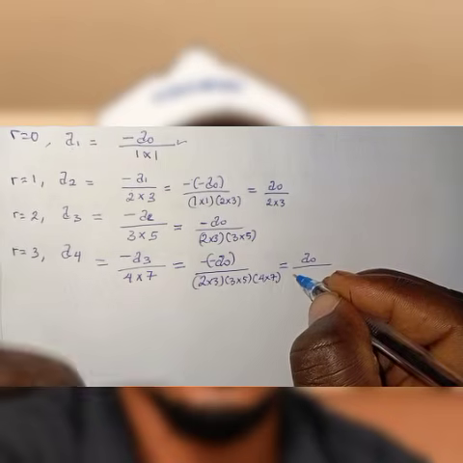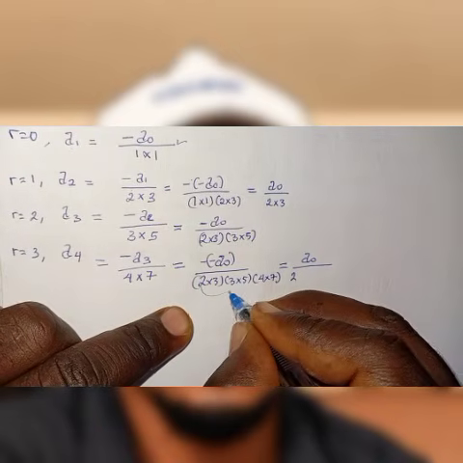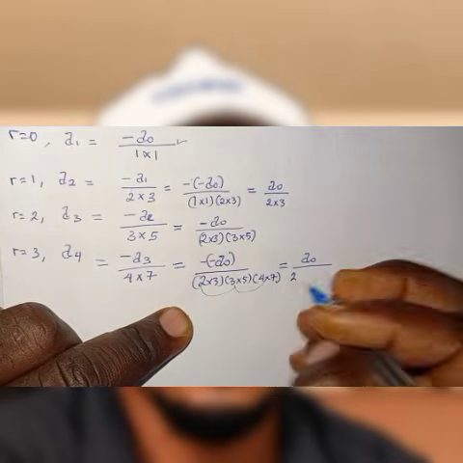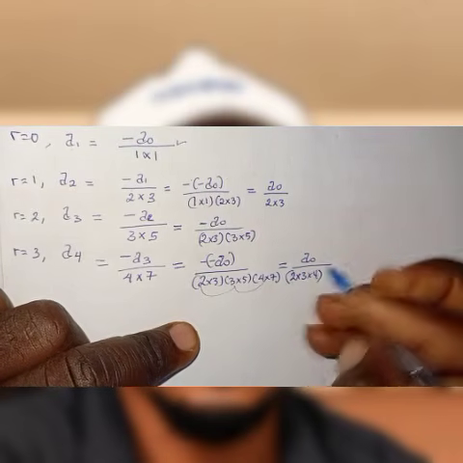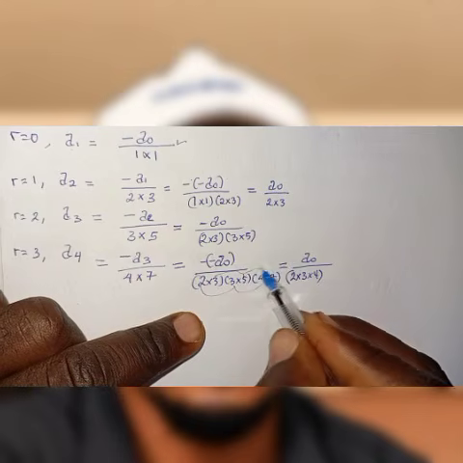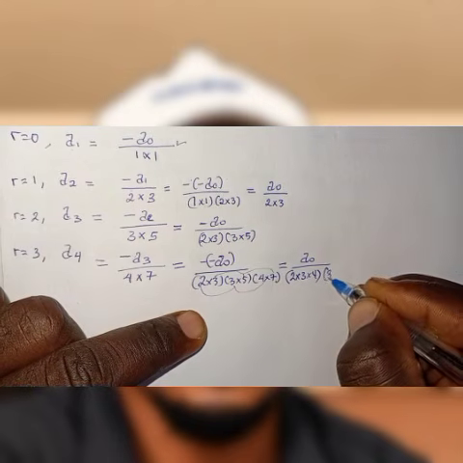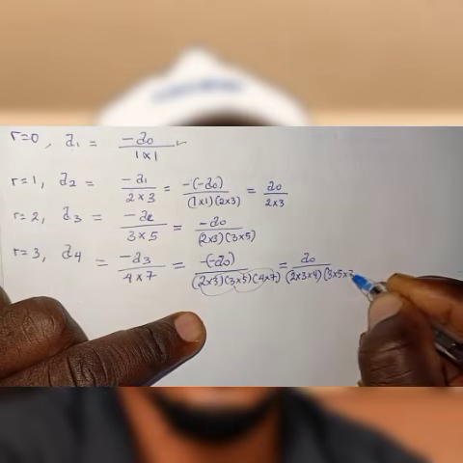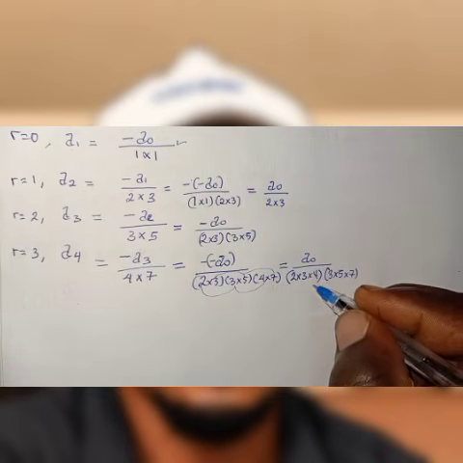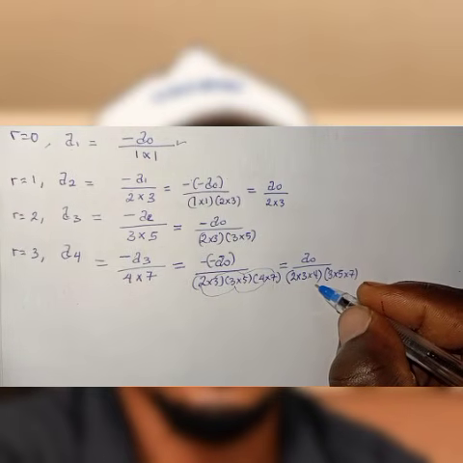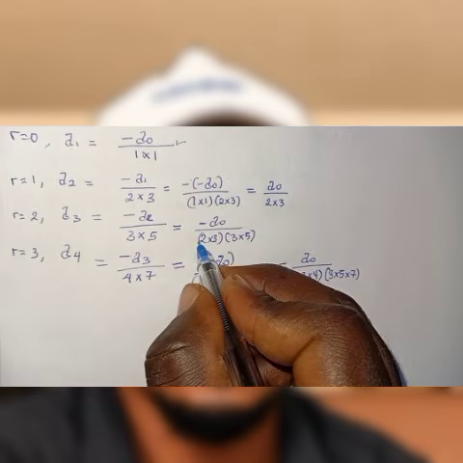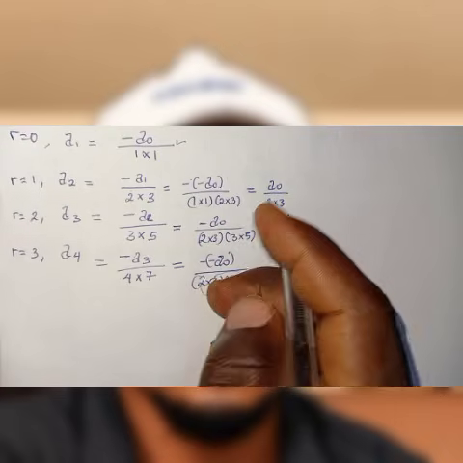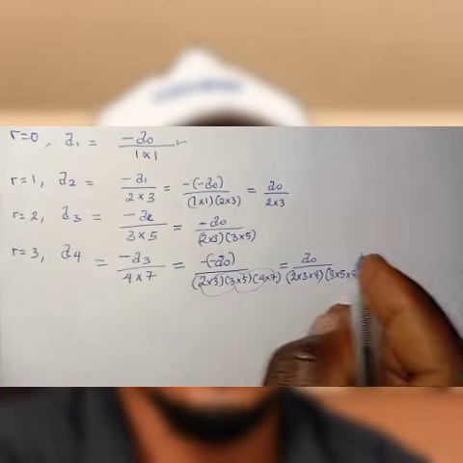So you're going to have 2 times 3 times 4 times 3 times 4, then 3 times 5 times 7. The reason we are putting it this way is to put it in form of factorial. You know, we can call this 4 factorial, this one 2 factorial. So that's it. This we are writing it there.